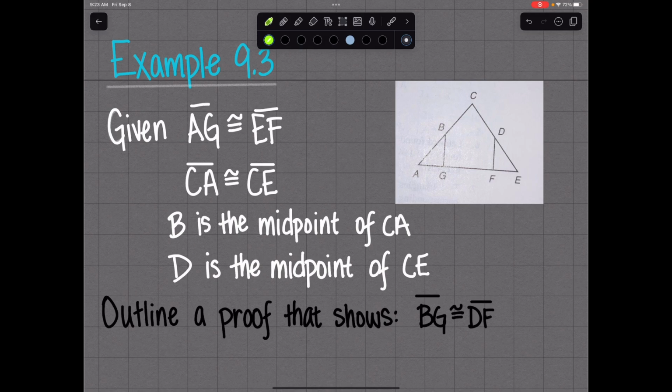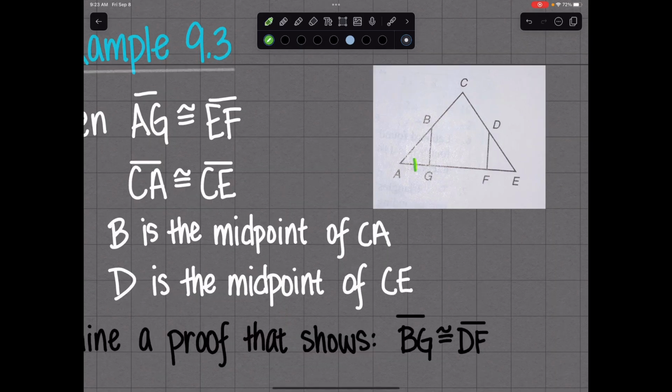So we know segment AG is congruent to EF. And then they also tell us that CA is congruent to CE. I'm just going to put that up here. We also know that B right here is the midpoint of CA, and that D is the midpoint of CE.